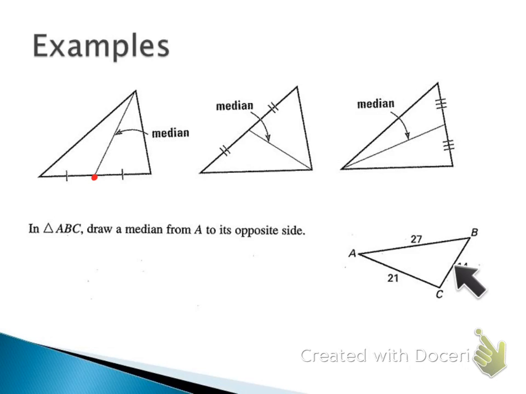If I'm splitting 14 at its midpoint, each segment should have a length of, we're splitting 14 in half, 7. So when I draw in my median, we're going to be approximating, but these should be both having a length of 7 and 7.